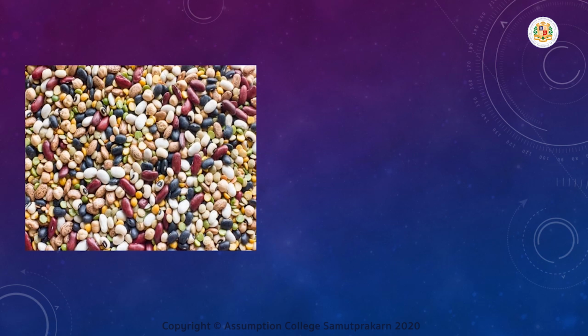In the picture, you will see many beans. These beans have many colors, many shapes, and many sizes. So of course, you have to classify them by shape, put the same shape together, next put the same color together, and put the same size together.